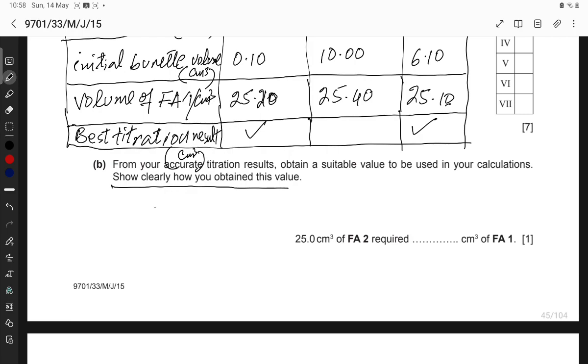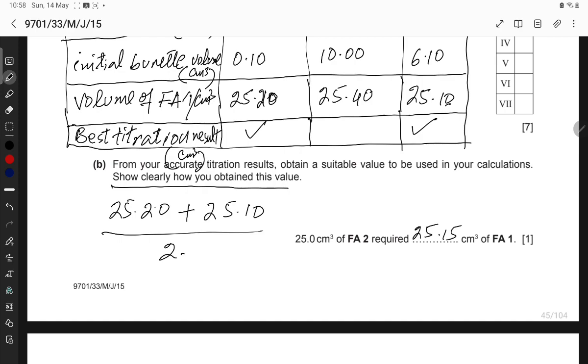As long as the difference is 0.10, so we have 0.10 difference between these two values, we must use 25.20 plus 25.10 divided by 2 to get the average volume of the 25 centimeter cube of Fa2 required, that is 25.15 centimeter cube.